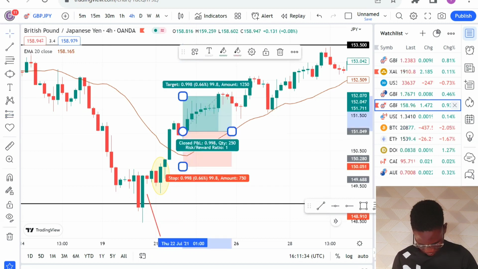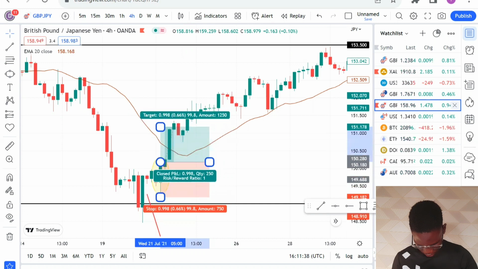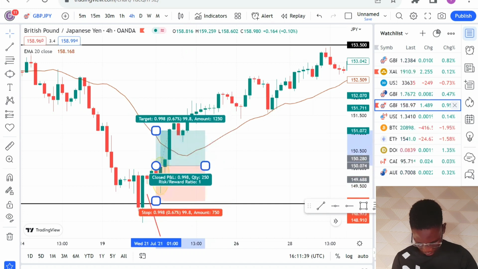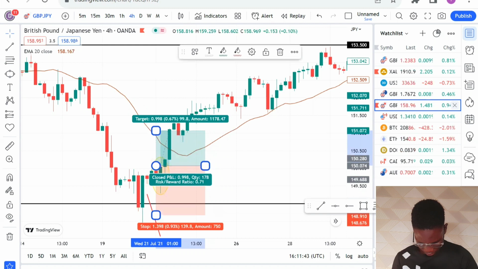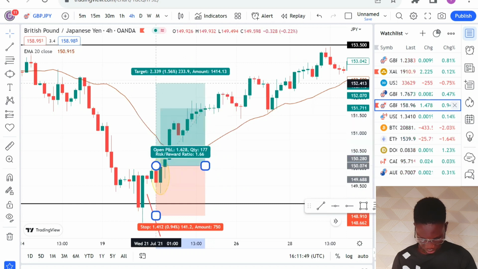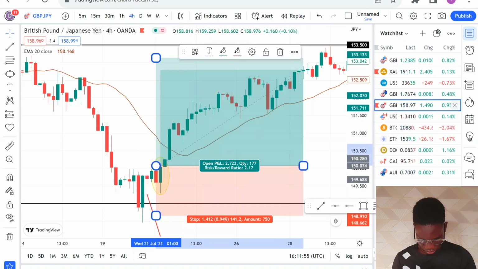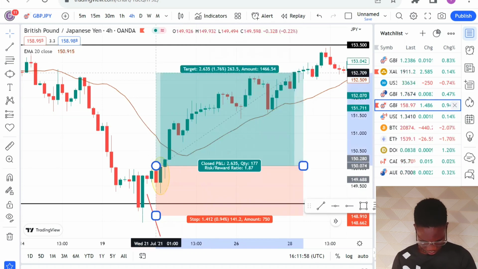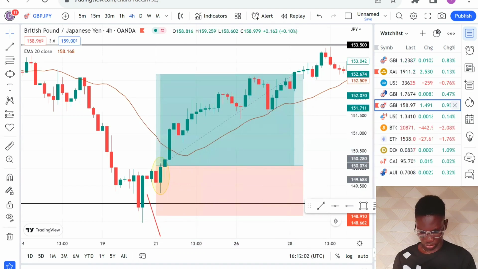Let's say we took our entry right after the bullish engulfing. Stop loss right there below the zone, and our TP will be at the next zone, right here. It's a beautiful, about 1 to 2 risk to reward trade. That was perfect.